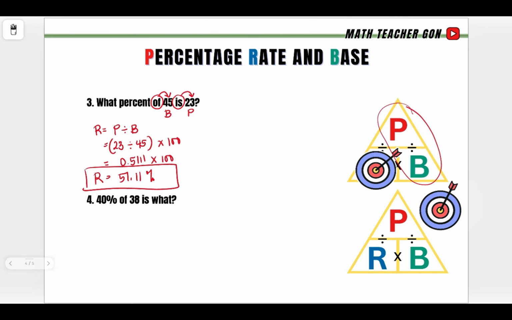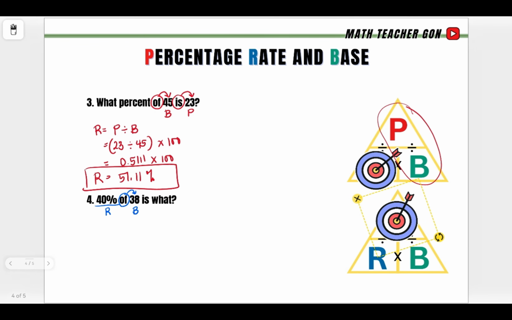Okay, let's now go for number 4. 40% of 38 is what? So let's identify 40%. That is your R. The word of signifies your B. In here, the missing term is percentage.